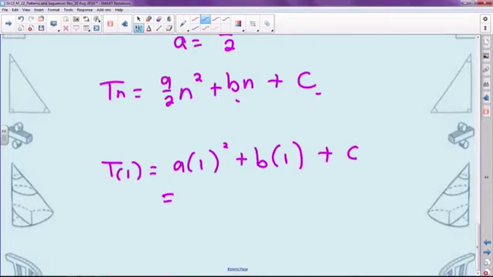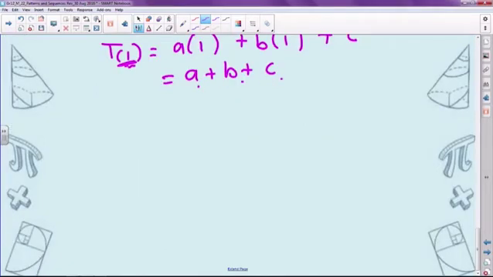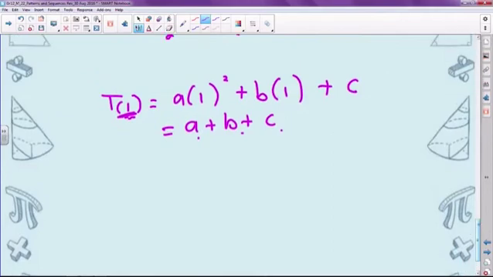So you can see that I can work out the formula for the first term by simply substituting 1 into the general term. So the formula that gives me term 1 in any quadratic sequence is A plus B plus C. We can use that to help us work out one of the equations that we need in our simultaneous equation setup. And then term 2, all you're going to do is replace n with a value of 2.